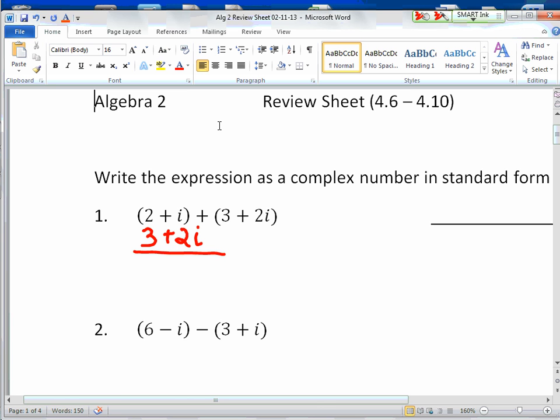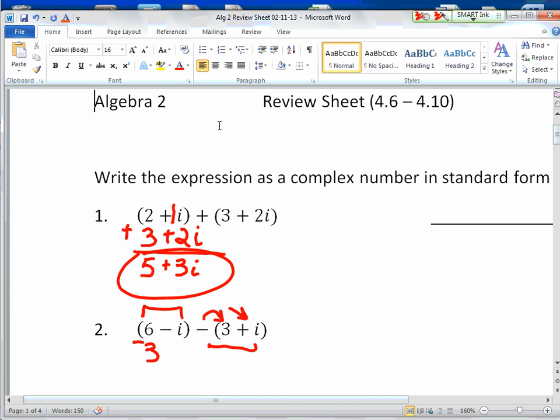And then just add down. So we get 5 plus 3i, because remember this is like a 1i. Okay, so that's our answer for number 1. And then the one tricky thing about number 2 is that you need to distribute. So let's rewrite this under this part. So we have -3 minus i.